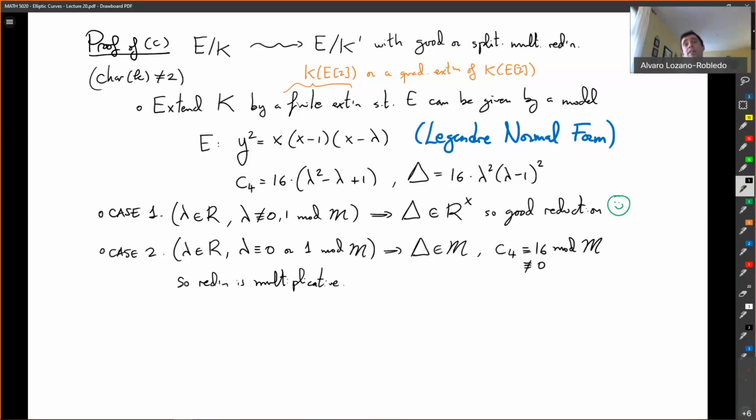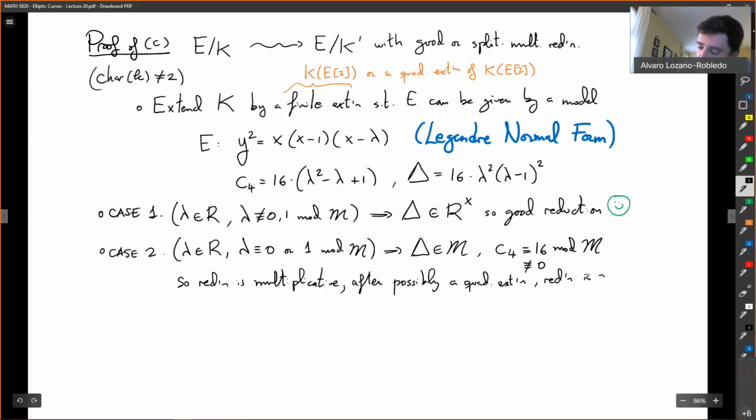If it is non-split, the slopes are not in the base field K. However, the slopes are defined by a quadratic polynomial, so I can go up by a quadratic extension if needed to adjoin the slopes. After possibly a quadratic extension, the reduction is split multiplicative.